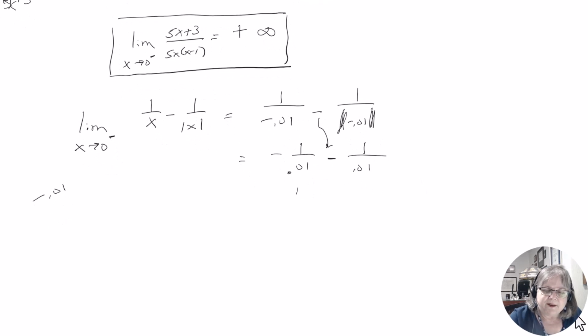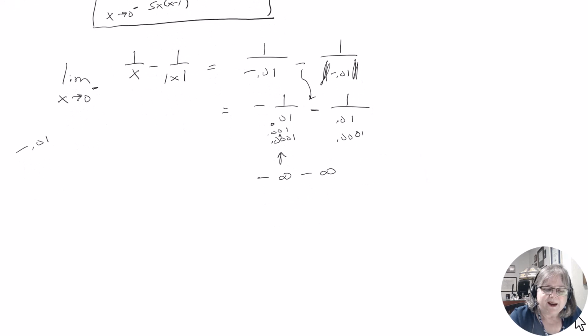Okay, now this is a number divided by a tiny number, which is going to get tinier and tinier and tinier, because it's going to go 0.001, 0.0001 as you get closer and closer to it. So this is going to be negative infinity minus another infinity, and this is not negative 2 infinities.